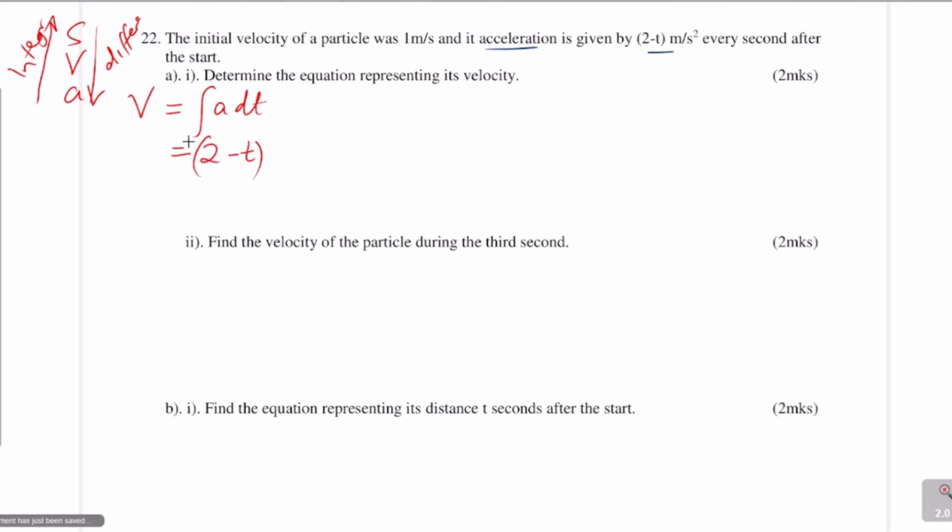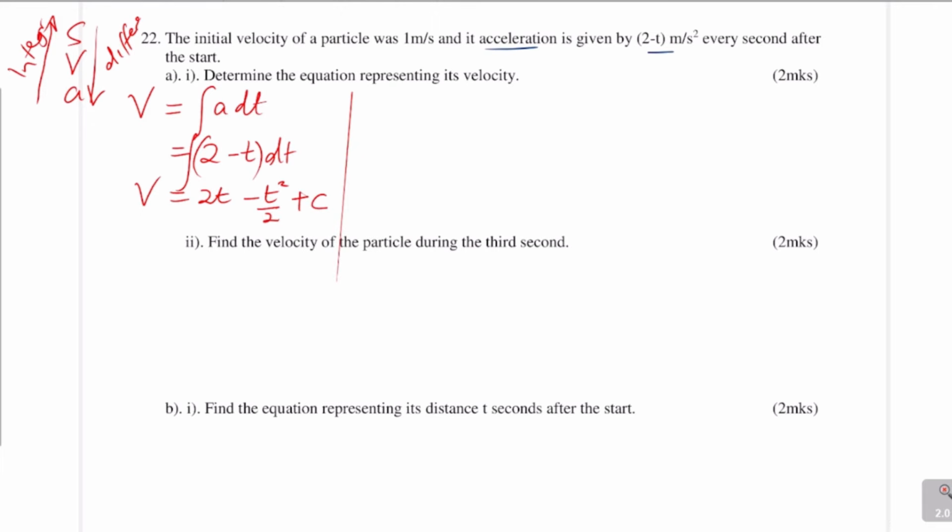We're going to integrate that with respect to t. When you integrate 2, you get 2t. When you integrate negative t, you get negative t squared divided by 2, then plus the constant of integration.